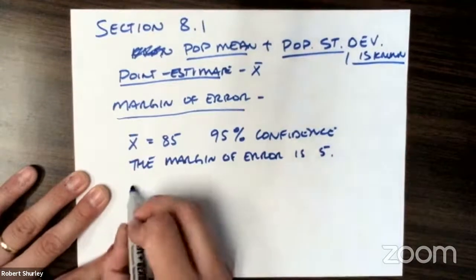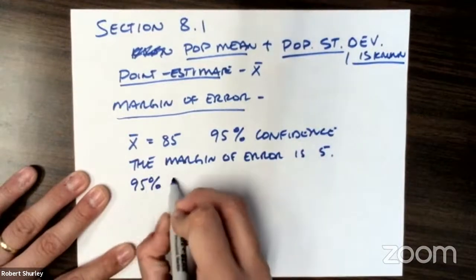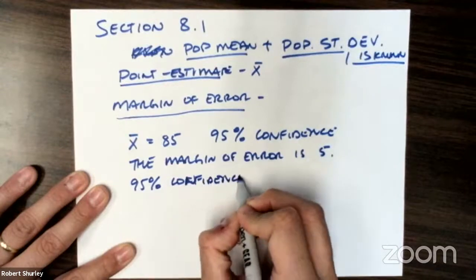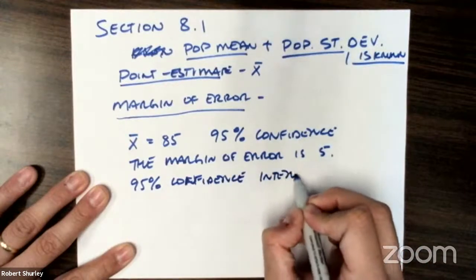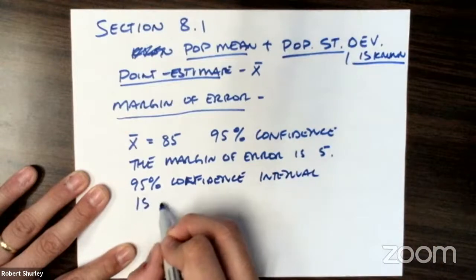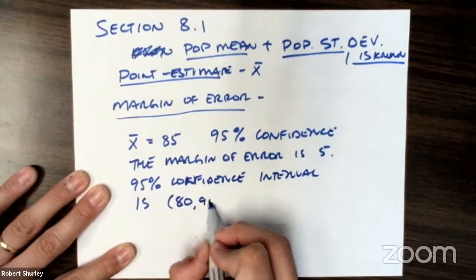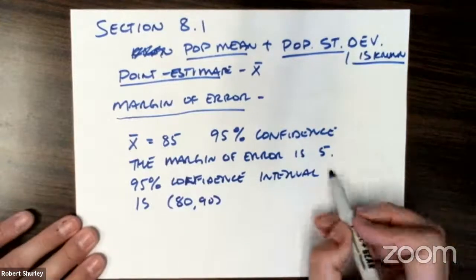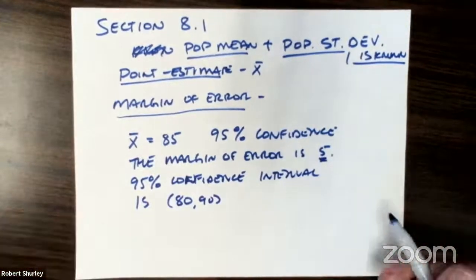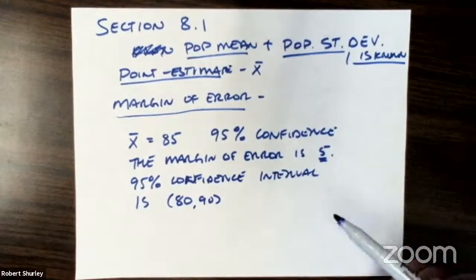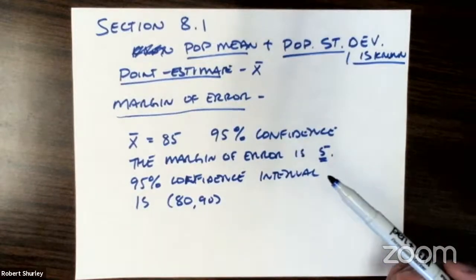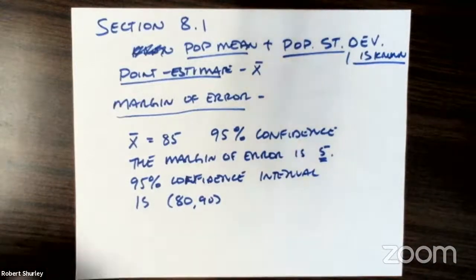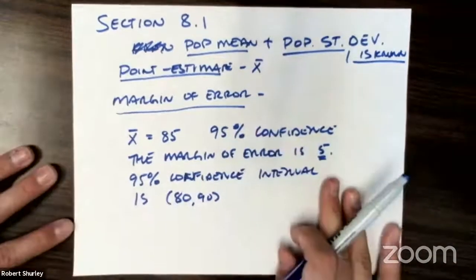So that means our 95% confidence interval is 80 to 90, right? Because we're adding 5 to 85 and we're subtracting 5 from 85 because 5 is the margin of error. And that doesn't mean 95% of the tests are between 80 and 90. That is not what that means at all. Okay?